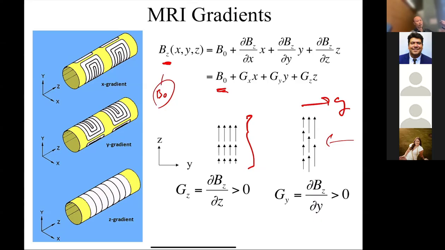So there we say GY, which is equal to delta Bz over dY, that's also greater than 0. That's all we mean by gradients. Today we're just introducing that concept. The field at any point in space is the sum of your uniform field and all your gradient fields. And that's what we're going to find out allows us to do the MRI image.